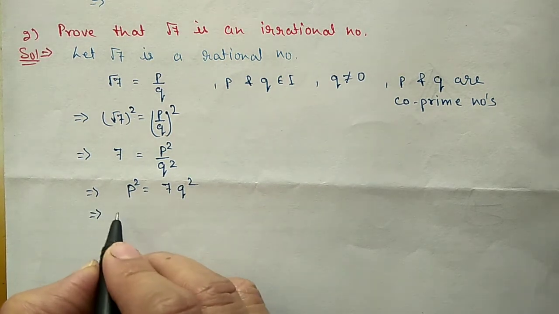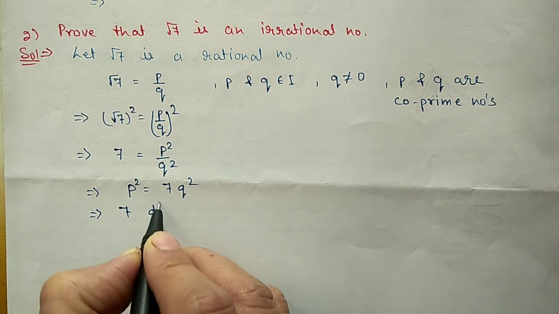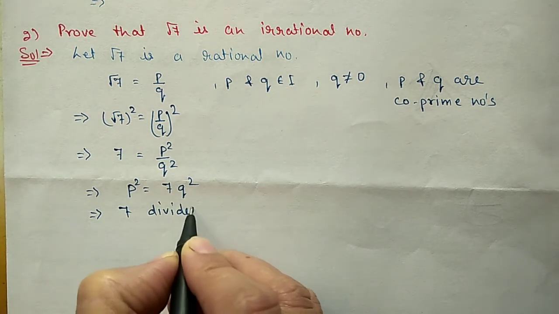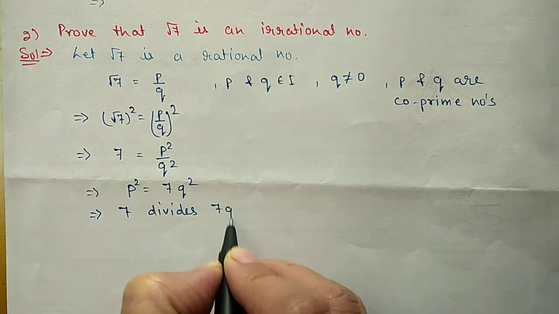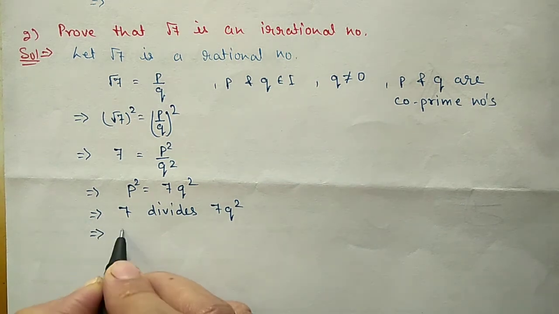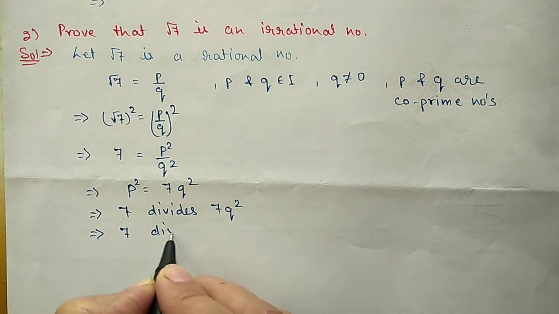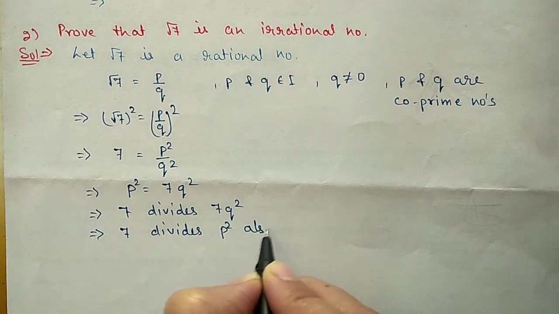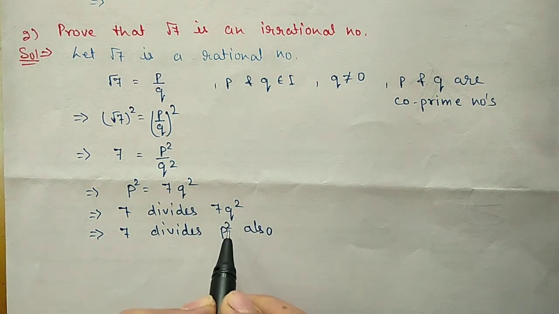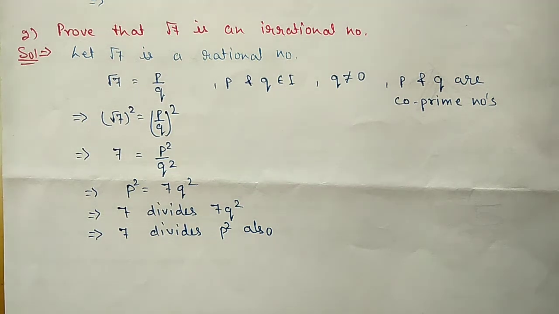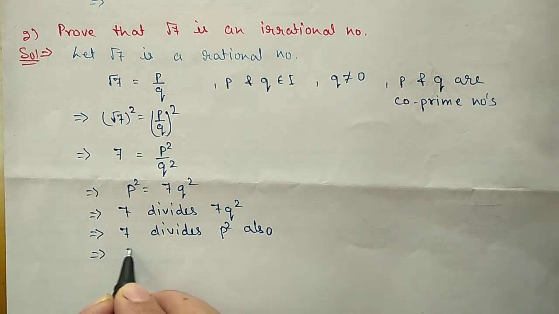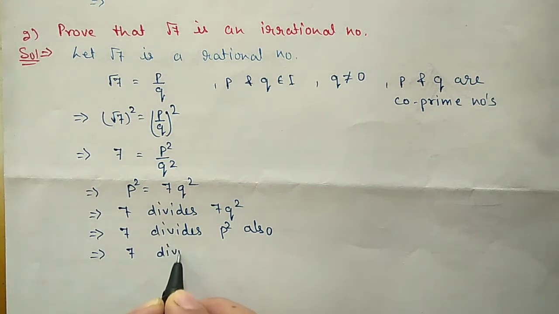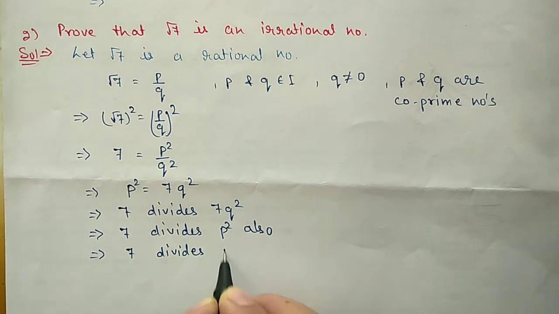So we can say 7 divides 7q square, or we can say 7 divides p square also, because 7q square is equal to p square. Or we can write 7 divides p also.